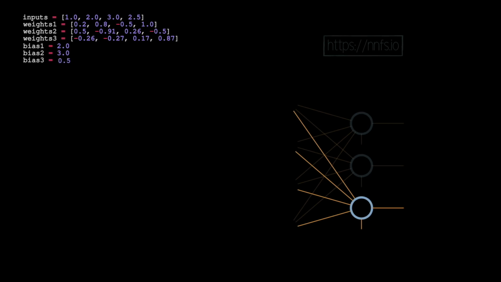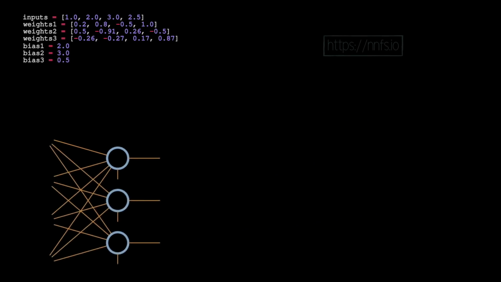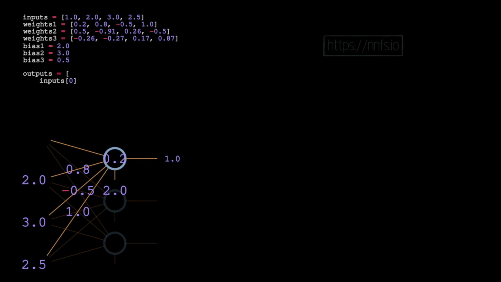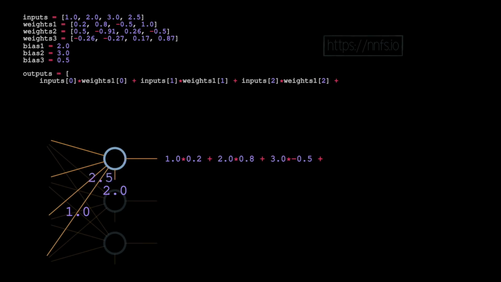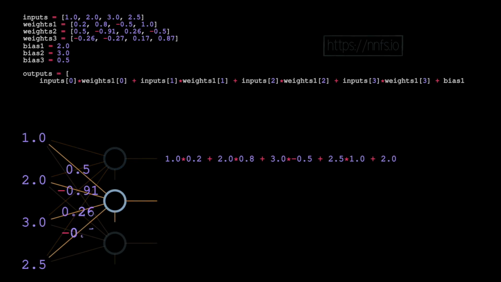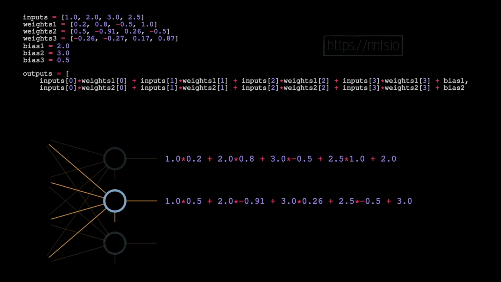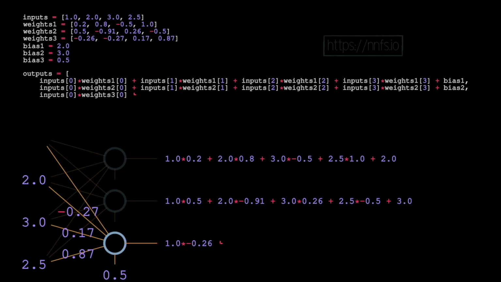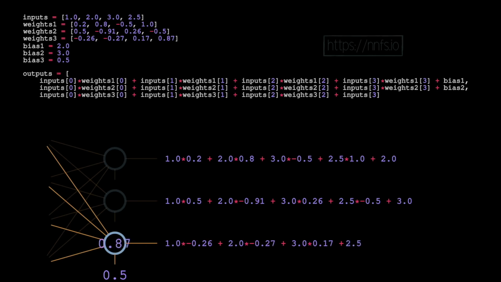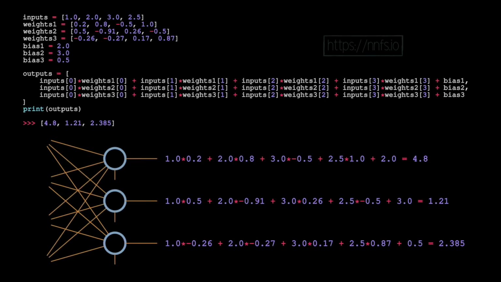And the calculation for that output is just simply going to be those inputs times those weights plus the bias. So because we've got 3 neurons, it's going to be 3 unique outputs. And each of those, again, the calculation is pretty simple. It's just inputs times the weights plus the bias for every single neuron.